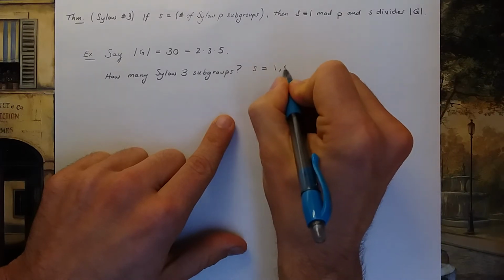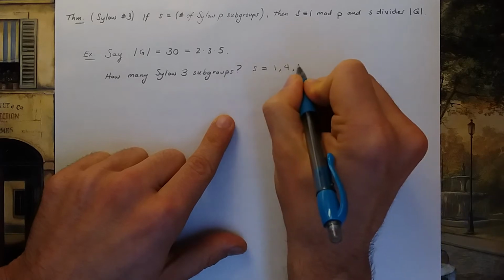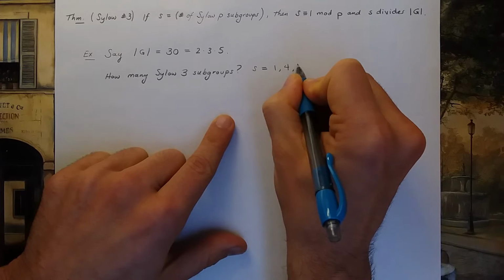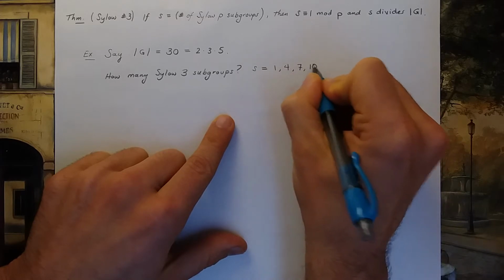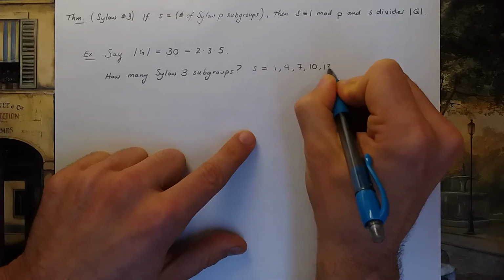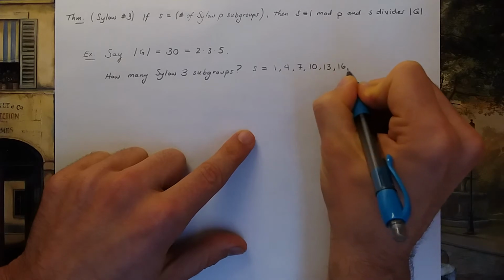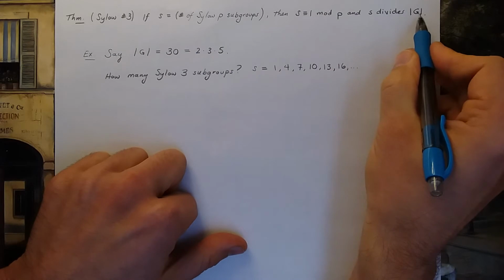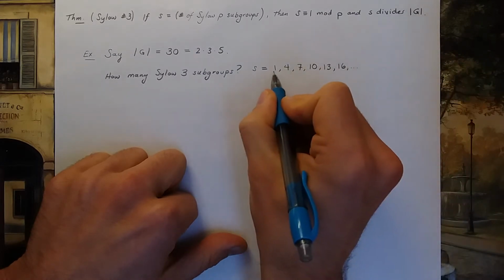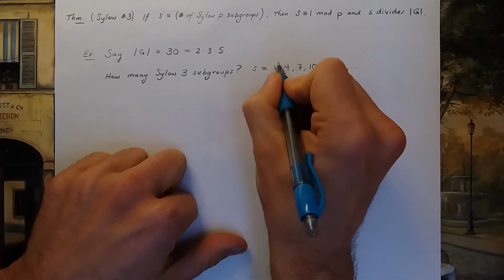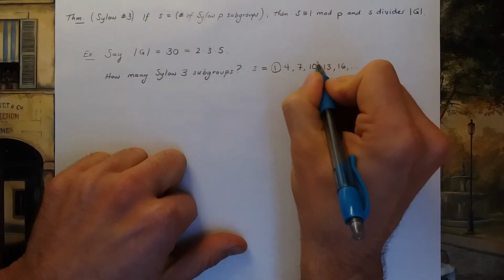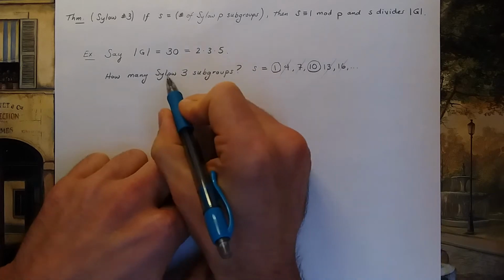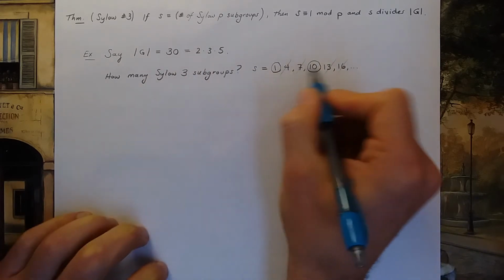So it could be 1, 4, 7, 10, 13, 16, and so on. But it also has to divide the size of the group. And out of these numbers, the only numbers that divide 30 are 1 and 10. So the number of Sylow 3 subgroups is either 1 or 10.